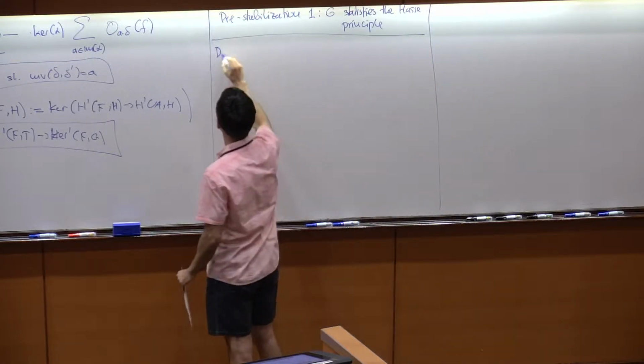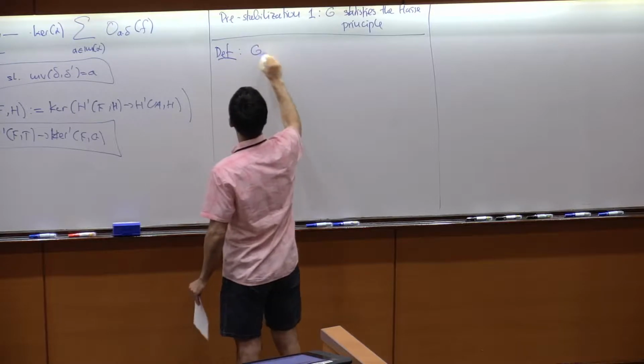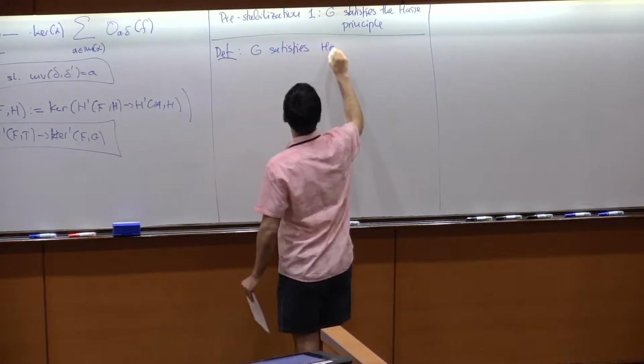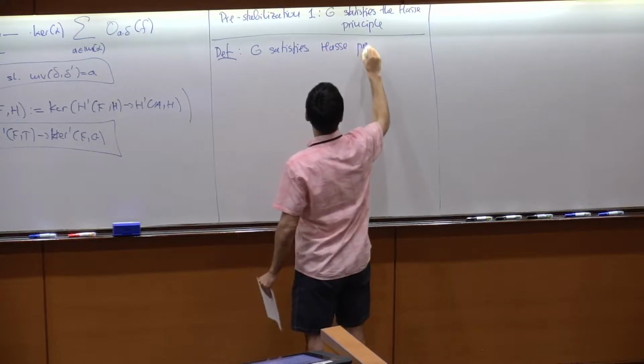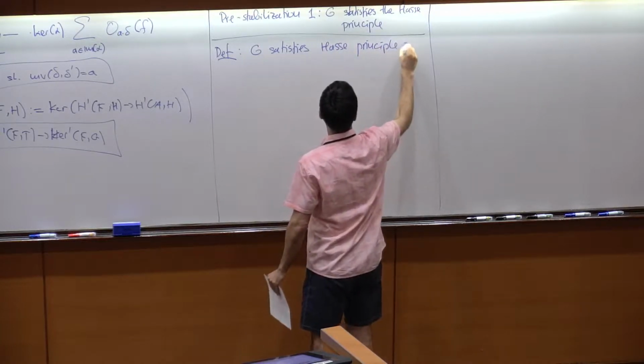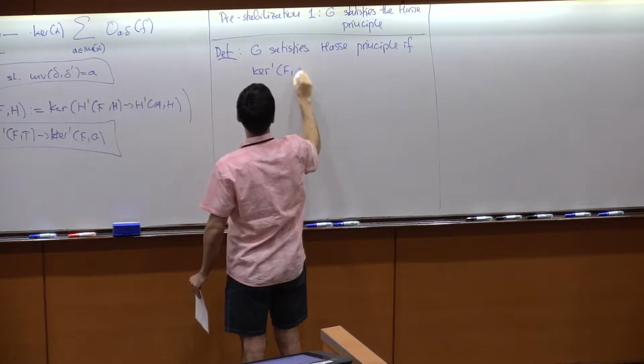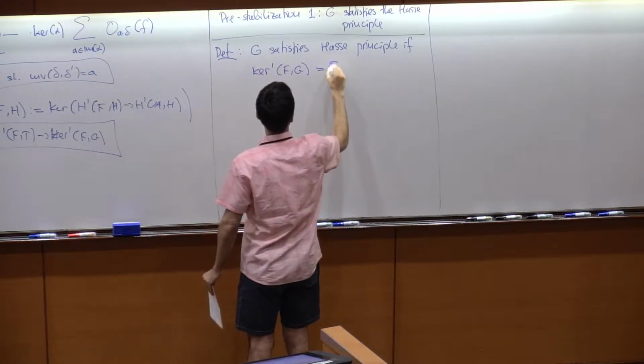All right, so here's the definition. G satisfies the Hasse principle if Ker1 FG is trivial.